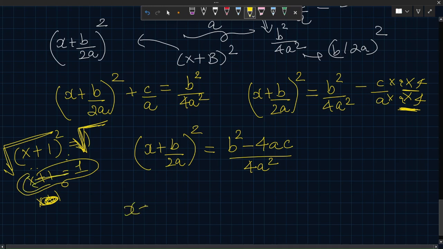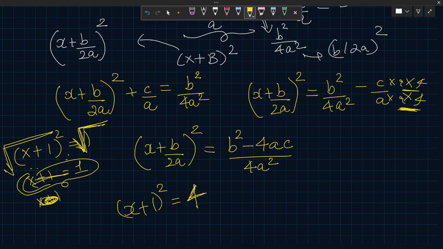Suppose you have x plus 1 the whole square is 4. Note that 4 is minus 2 square, it is also 2 square.